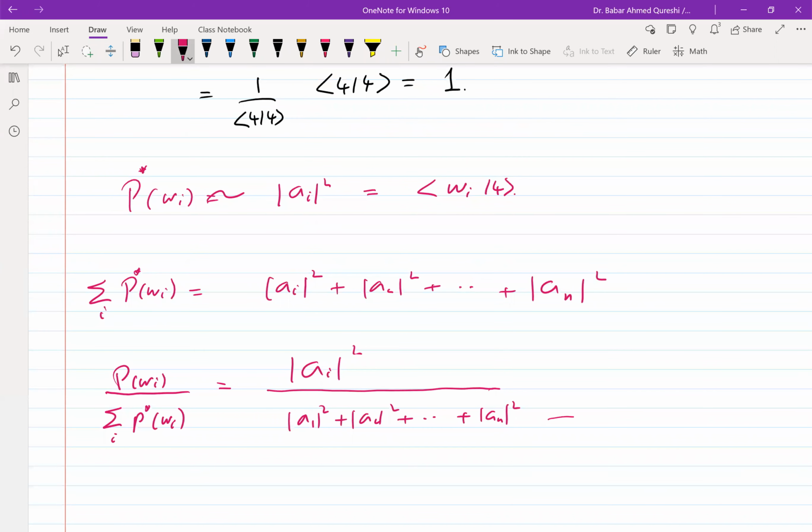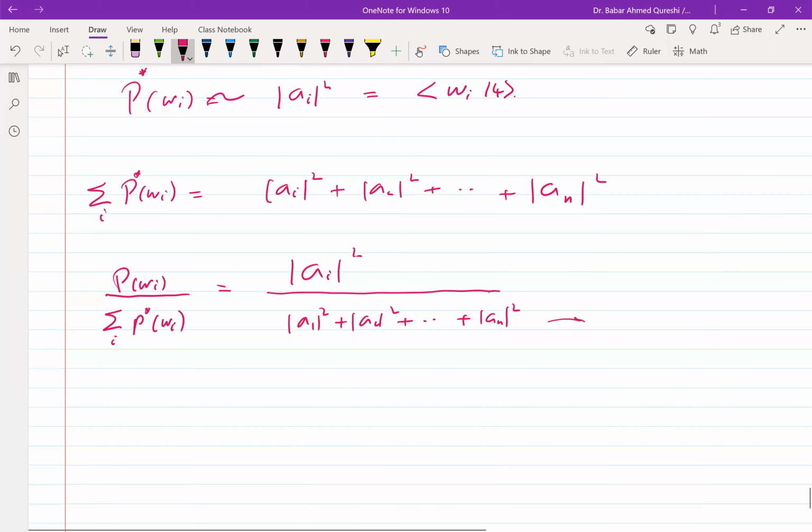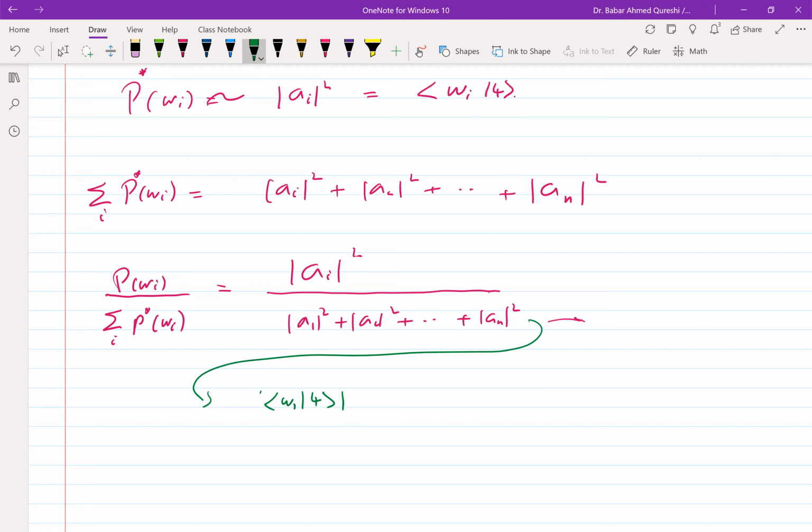But what are these things? What is this thing? I'm just doing this to give you practice that all of these things are very closely related. What is this guy? Each one of them is omega I mod square.